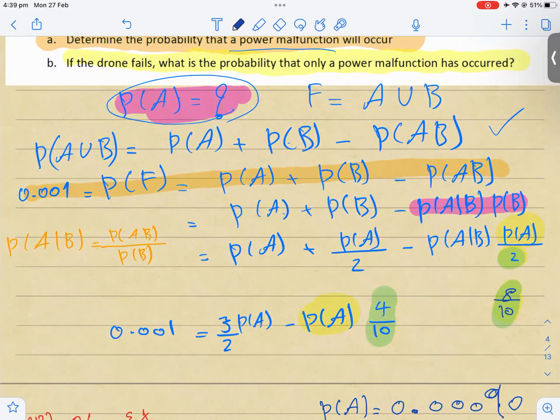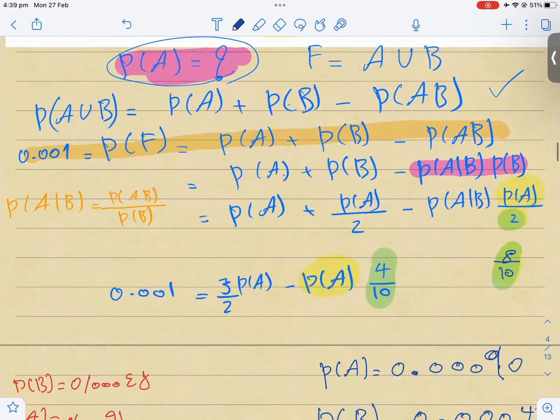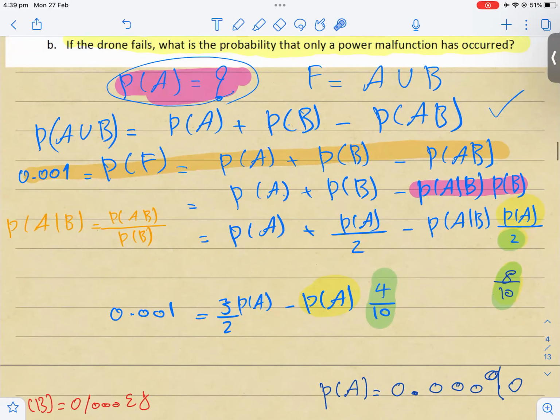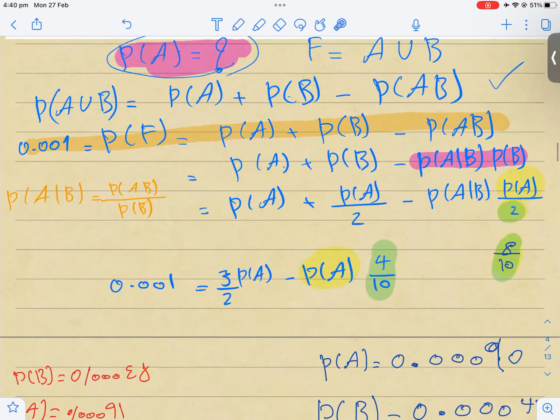Three over 2? Yeah, this one: probability of A plus half of probability of A is 1.5. Any other question?